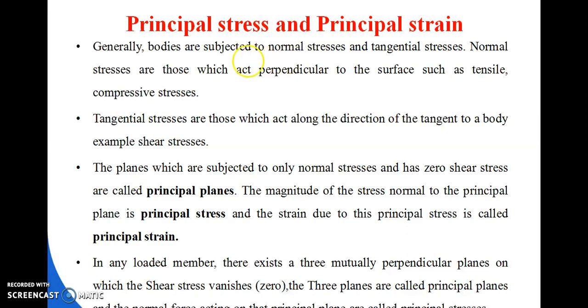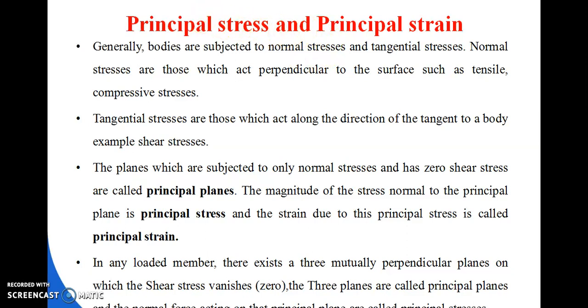So in case of normal stresses, we consider the perpendicular stresses like compressive stress and tensile stress. Perpendicular to what? Perpendicular to the surface of the material or the plane of the material. Okay, so you know that the compressive force or tensile force is a direct force on a material.